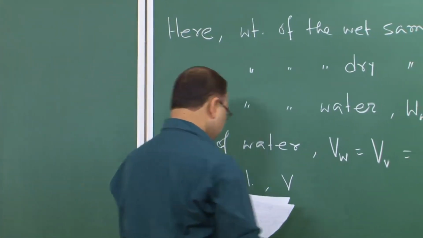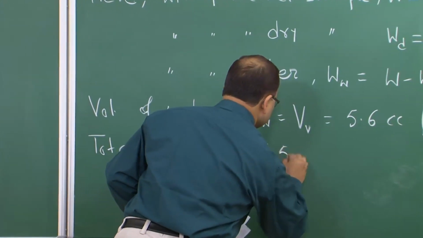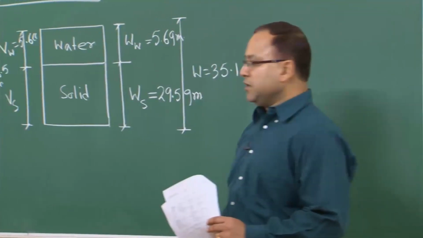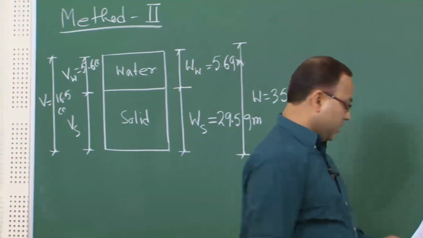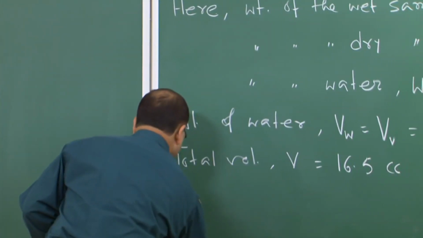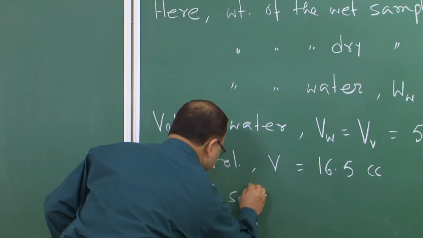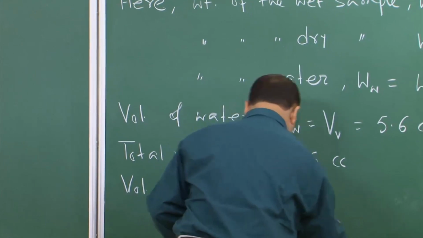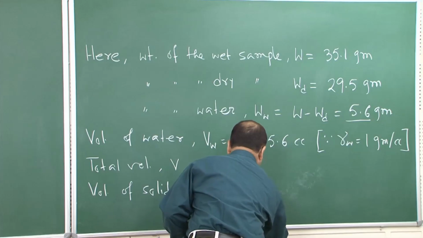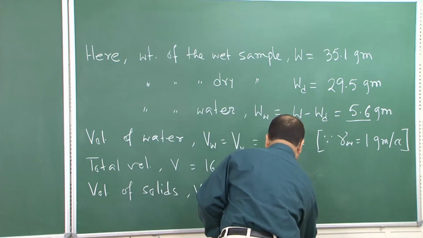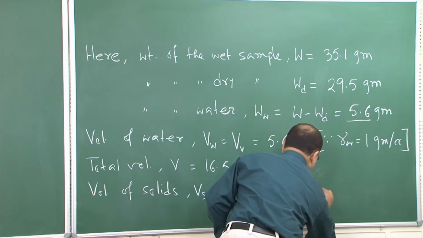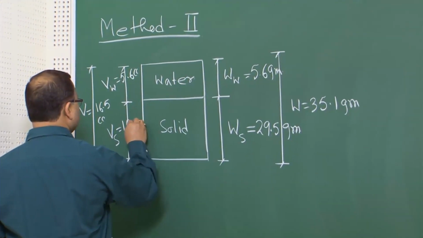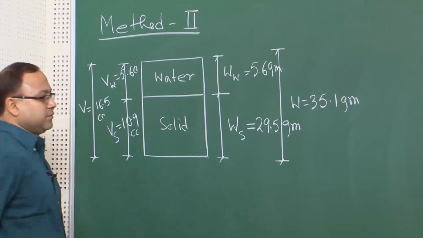The total volume V is given as 16.5 cc, as you can see on the left hand side of the phase diagram. Your volume of solids therefore will be Vs is equal to V minus Vv, which is nothing but 10.9 cc. So, now you complete this part, 10.9 cc.